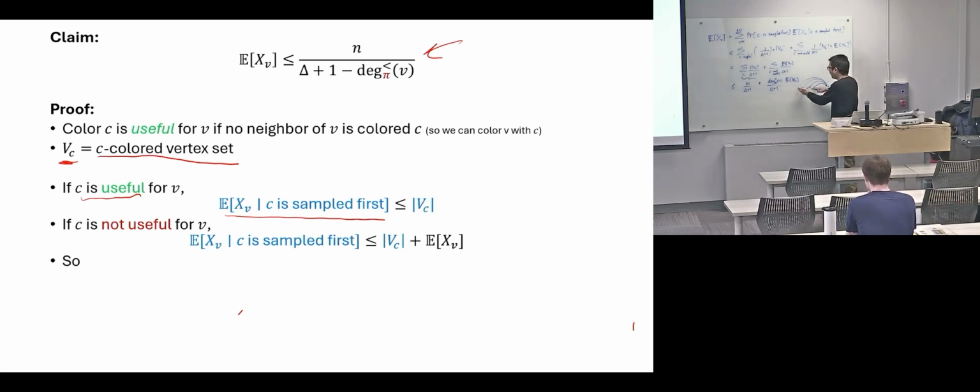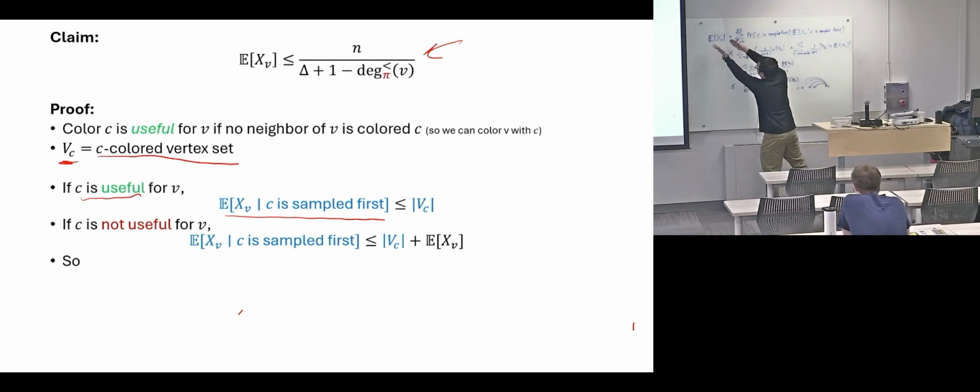So that bounds the number of not useful colors for V. So this is the sum over all these many terms at most. Now you are basically done by moving this term here and rearranging.